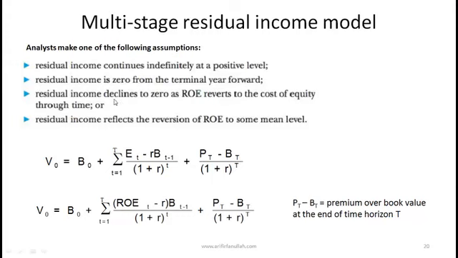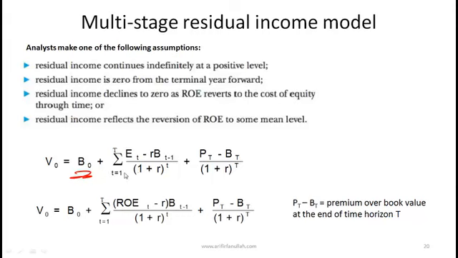Okay, so what is the multi-stage residual income model? Take a wild guess how this will work. The only addition with residual income is you have your initial book value and then you are adding up. Can you apply an H model over here? You can apply all the models you studied before. They don't explicitly talk about the H model, but they are saying that for a few years you have some growth rate.